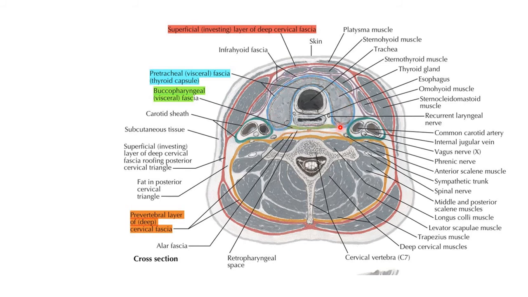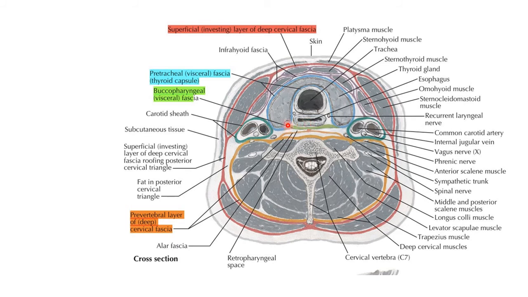In front of the posterior part of the pretracheal layer of the cervical fascia, there are the esophagus and pharynx. So it is also named the buccopharyngeal fascia due to the presence of esophagus and pharynx.